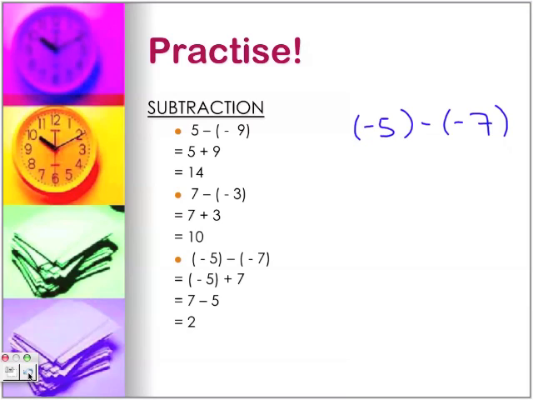So this changes to a positive because it was the same, right? And we're going to add it. So then it would change into negative 5 plus 7. But then looking at it again, they're different. So then we'd have different subtract.